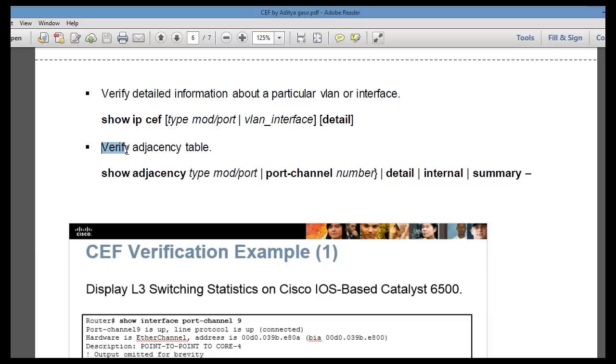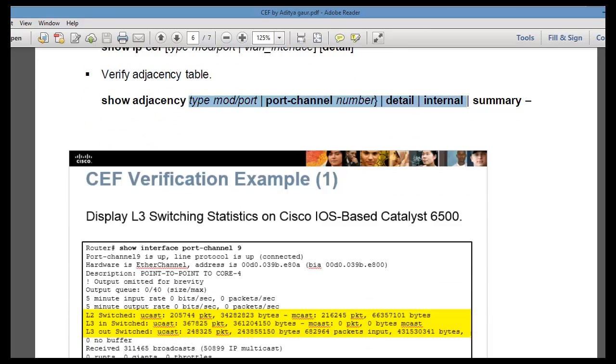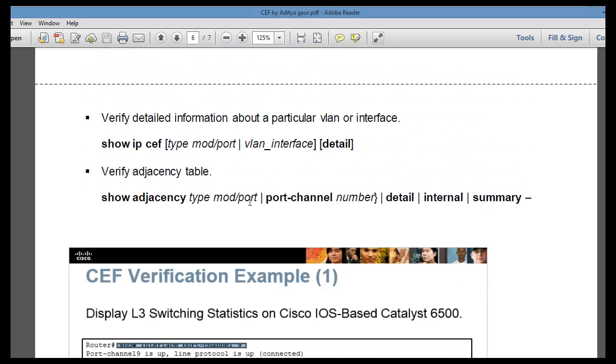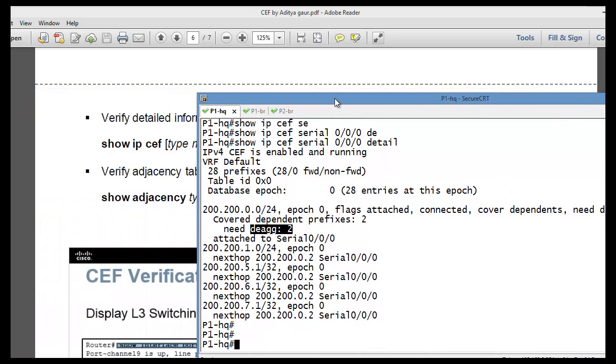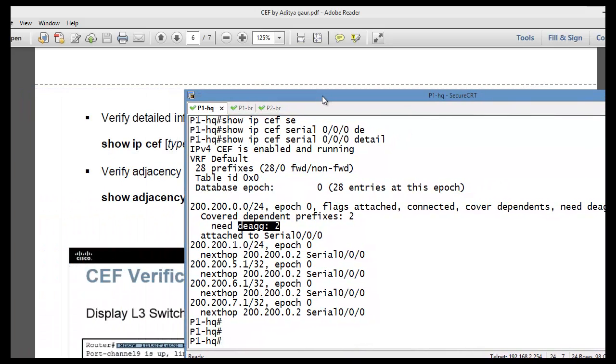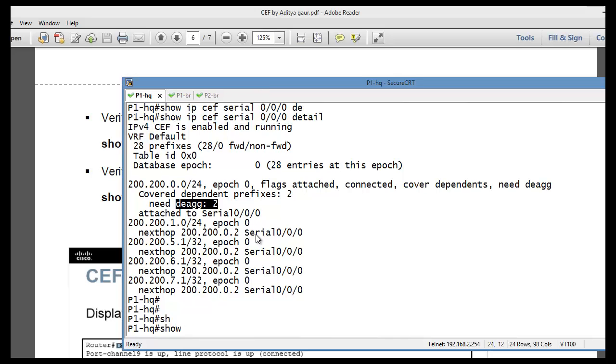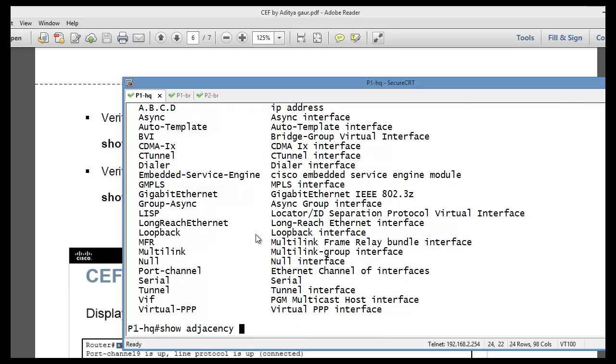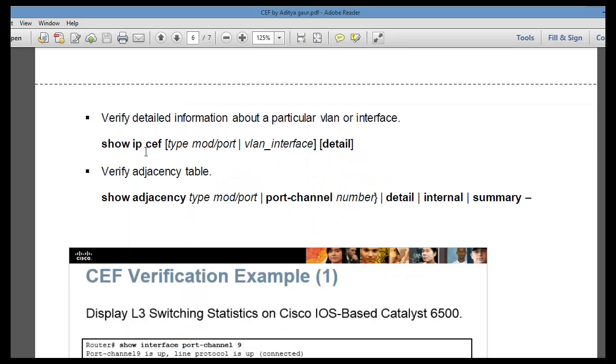To verify the adjacency table, use show adjacency, and then you can use summary or define a particular interface as well, such as an interface or port channel. Actually, it is running on a layer 3 switch, I hope so. So show adjacency, and what kind of adjacency are you looking for? You can specify the particular interface or port channel number and detail.